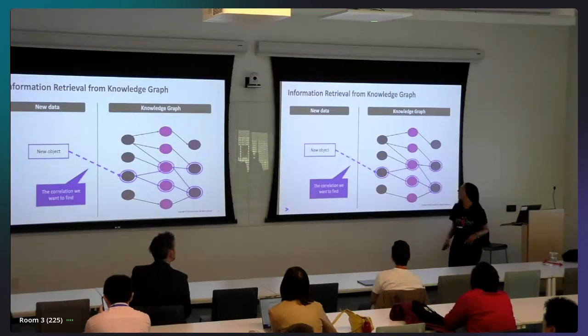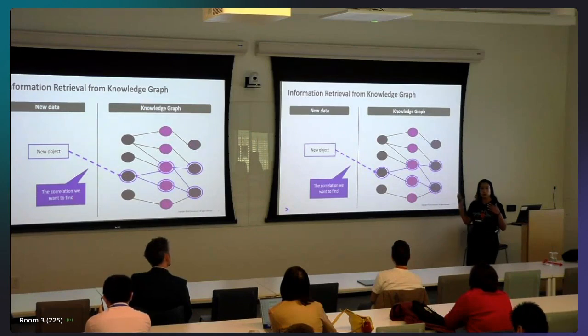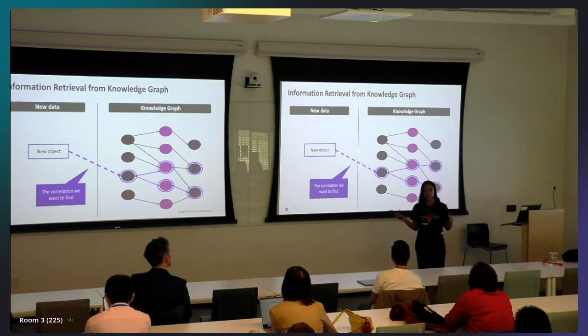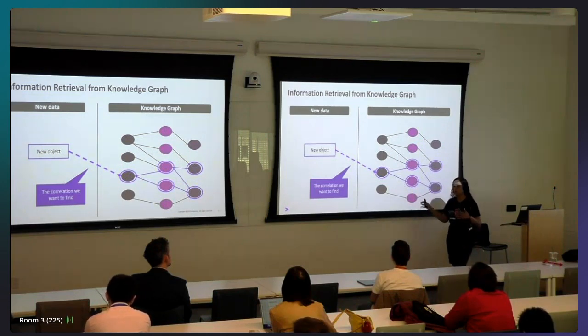So let's start. As I said before, you have a knowledge graph, and you have access to all the data in the knowledge graph. And you have a new object. In our use case, it's a textual description, and I will talk about it more. You want to correlate this textual description to the knowledge graph, but you don't want the whole knowledge graph.